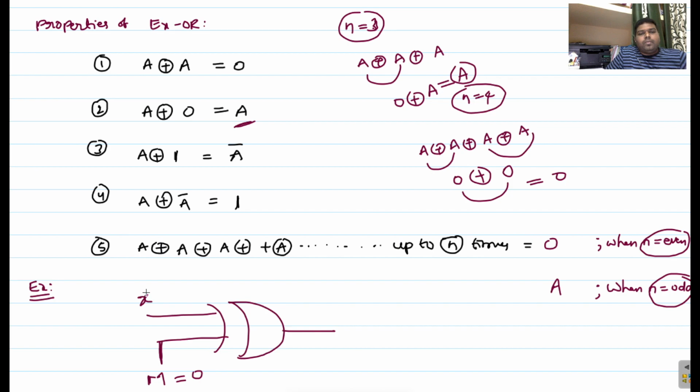When X XOR 0, then what is the answer? That means A XOR 0 means what? A. So if you perform XOR operation with 0, you will get that particular variable. For example, if I am taking 1 XOR 0, you will get 1. X XOR 0, you will get X. A XOR 0, you will get A.